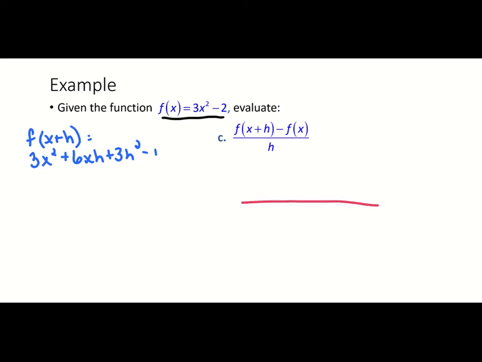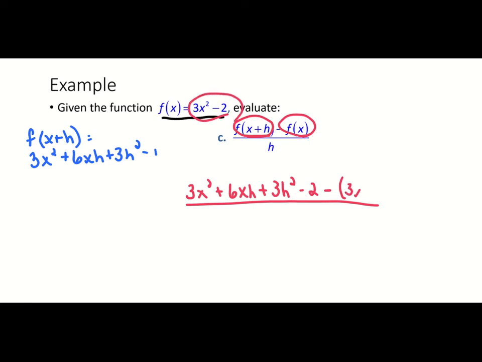Okay. So I'm going to plug that into my equation here. So we're going to have different parts. I'm going to put my 3x squared plus 6xh plus 3h squared minus 2, because that takes care of that. And then I have to do minus, and again, because I'm putting in an expression, I'm going to put parentheses there, f of x. So I'm going to put the original equation in. So minus 3x squared minus 2, all over h.